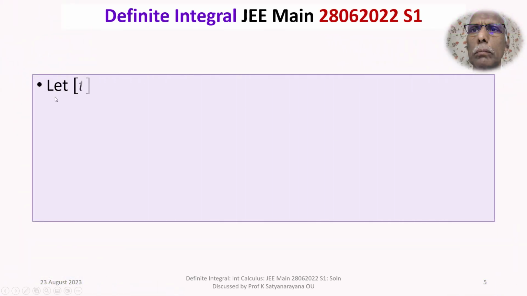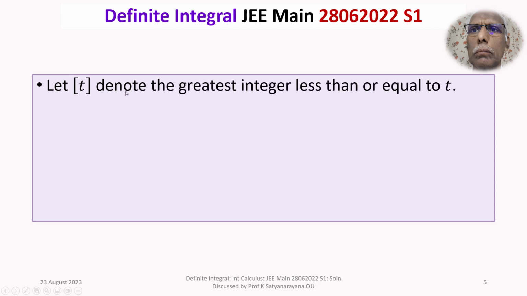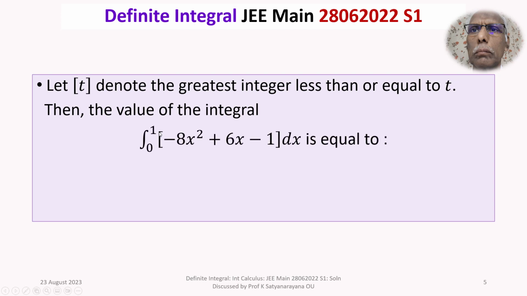The given question is, let [t] denote the greatest integer less than or equal to t. Then the value of the integral from 0 to 1 of [-8x² + 6x - 1] dx is equal to, we are given four options.